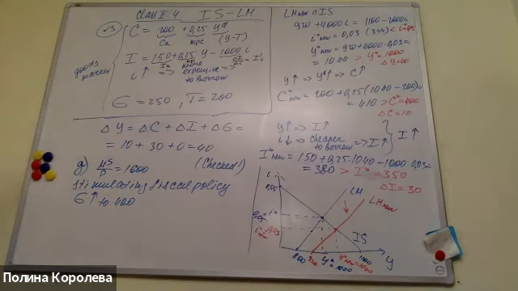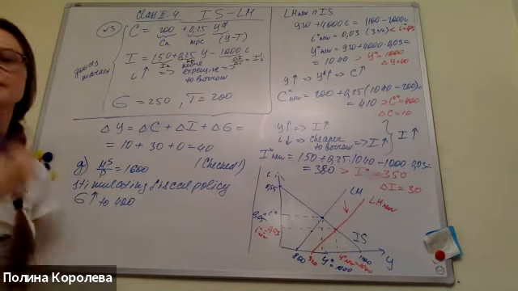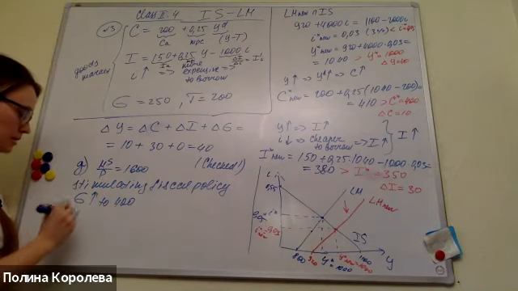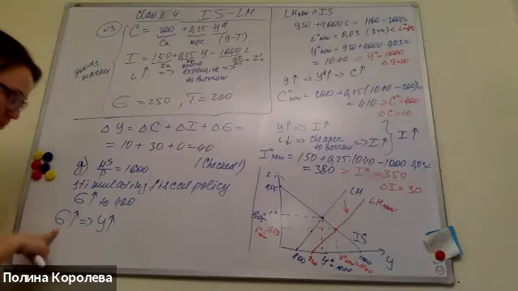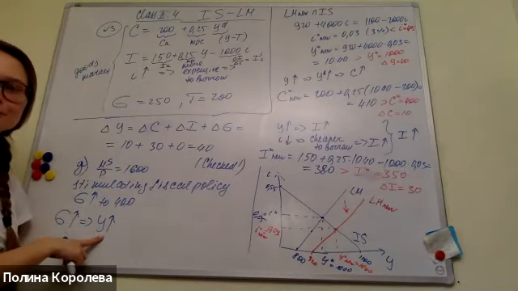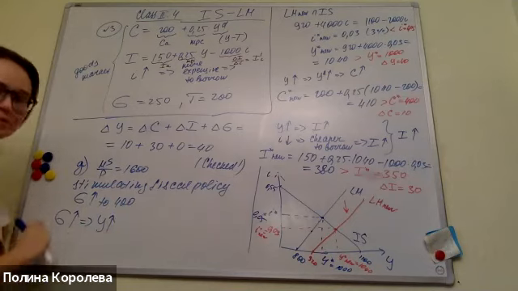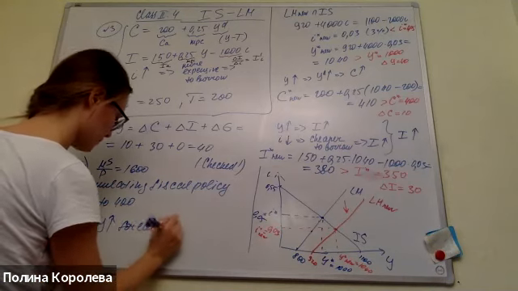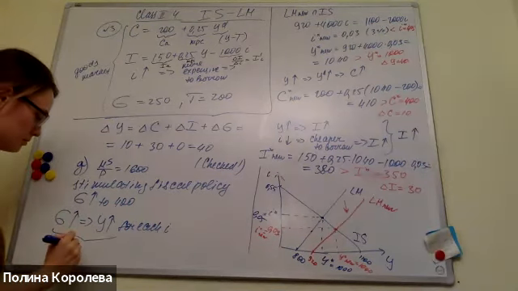And we should summarize the effects. So first of all, let's write down what is happening. But it's simple, because if government spending increases, that means GDP increases. Government spending is a part of aggregate output. So aggregate output increases for each interest rate. Here we speak about the goods market.